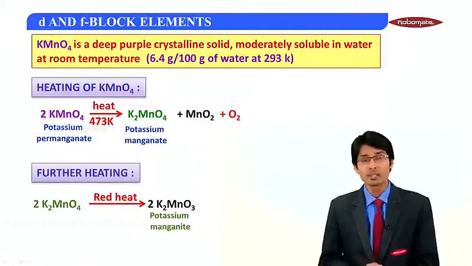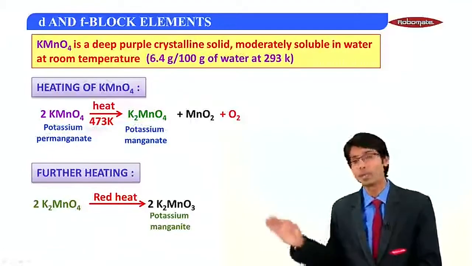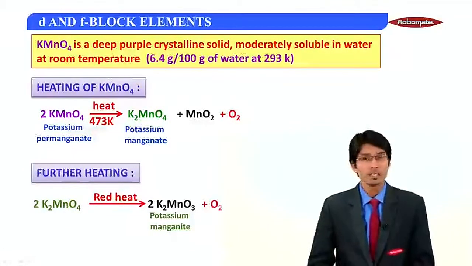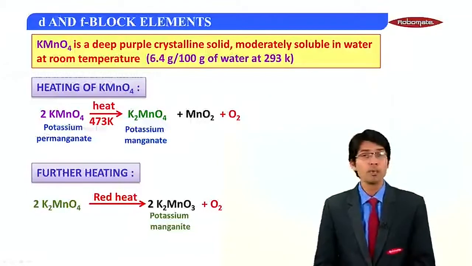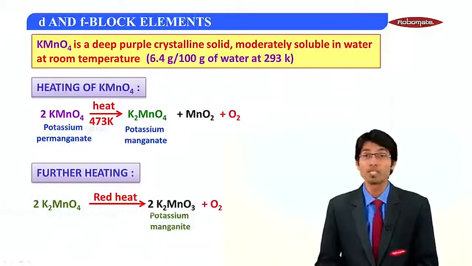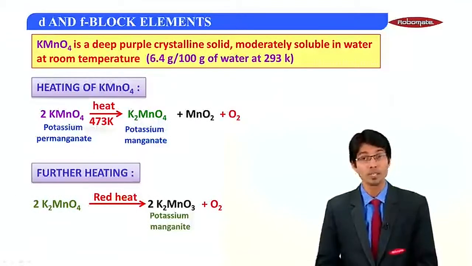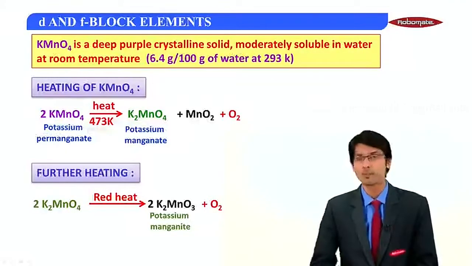And this green colored crystal, if heated above 473 Kelvin, gets converted to potassium manganite, and in the same reaction again there is a liberation of oxygen. So basically when we are heating KMnO4, it changes into different compounds, but there is liberation of common dioxygen gas. That's why it can act as a powerful oxidizing agent.